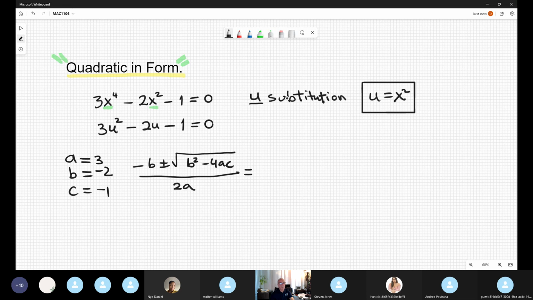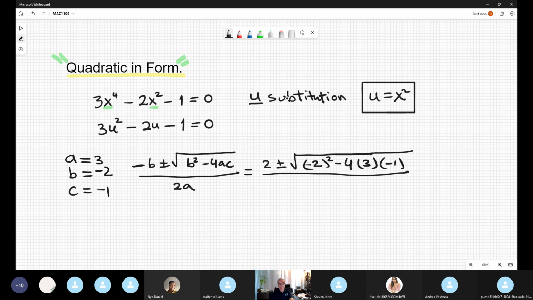The formula has a minus, you know, but b is negative. Double negative becomes positive. Together, plus or minus the square root of -2 squared minus 4 times a, which is 3, times c, which is -1. Everything inside the radical divided by 2 times 3.